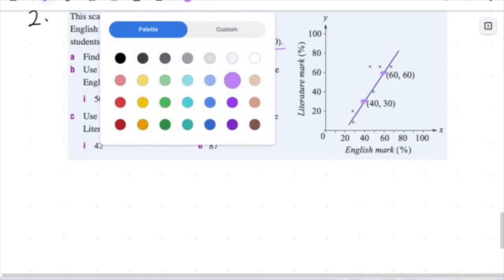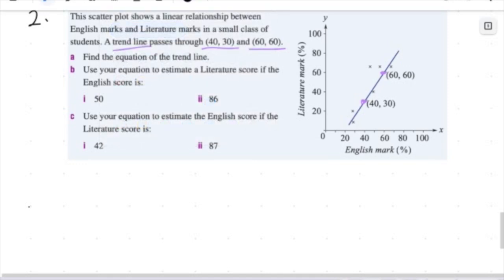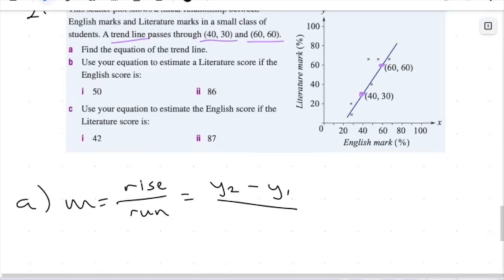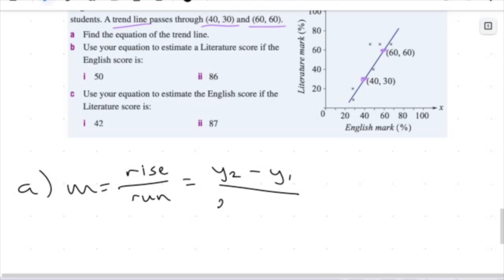Now, looking back to what we learned in linear relationships, we recall that we can find the gradient by taking two points, finding the rise and the run, and the gradient is just rise over run. So it's my rise over run, which we can also write as one y value, let's call it y2, subtract a different y value, because finding the difference between y values gives us how much it's risen, and then we do the same with the x values.